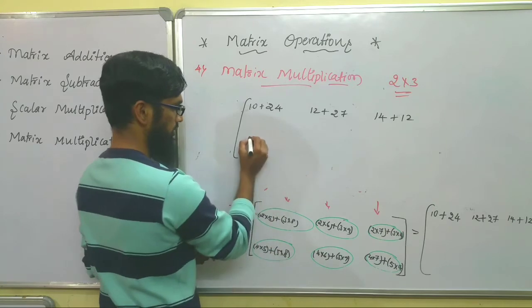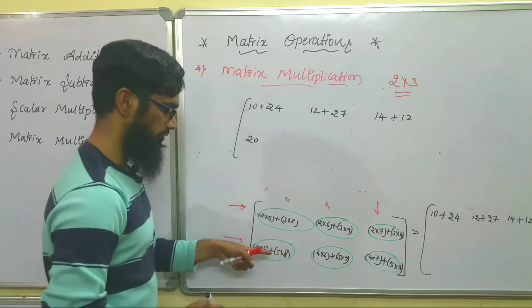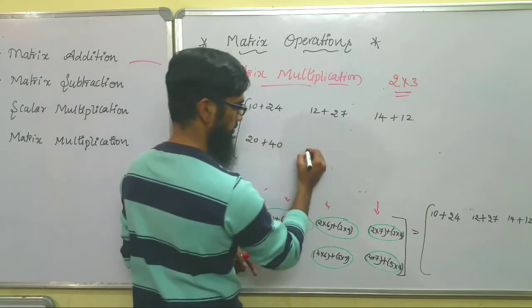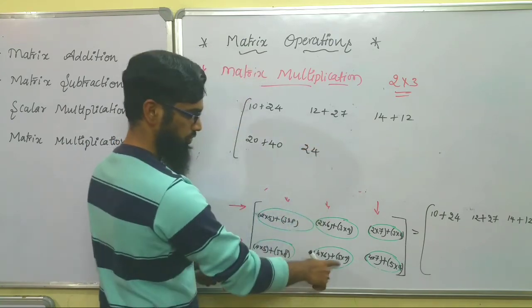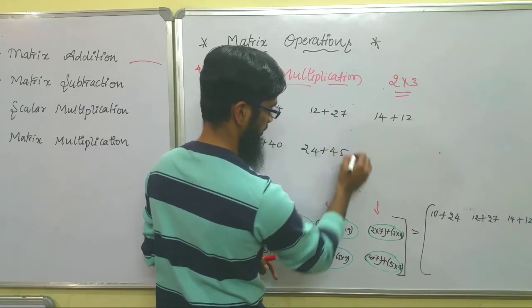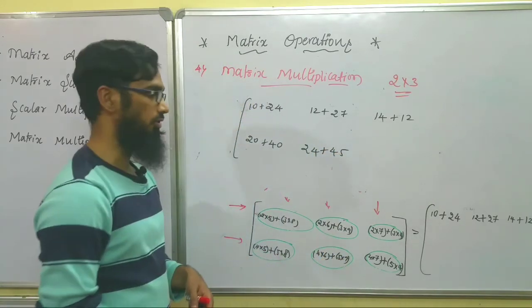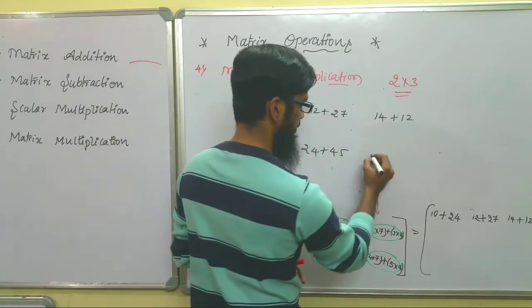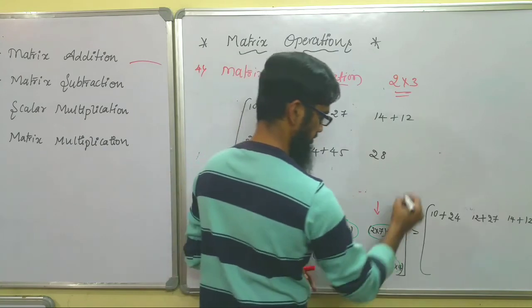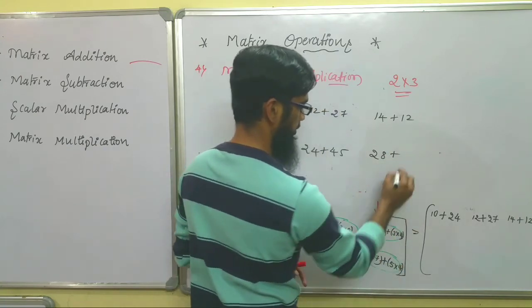Again for this, 4 5s are 20 plus 8 5s are 40. Then 4 6s are 24, and 5 9s are 45. Again for this, 4 7s are 28 plus 5 4s are 20.